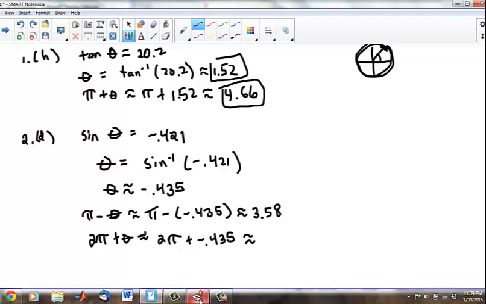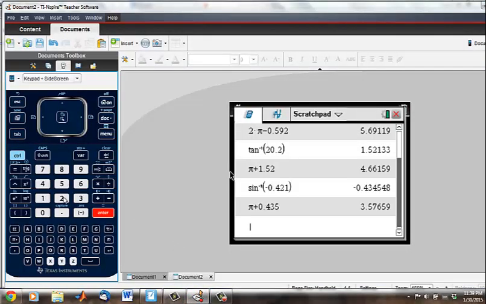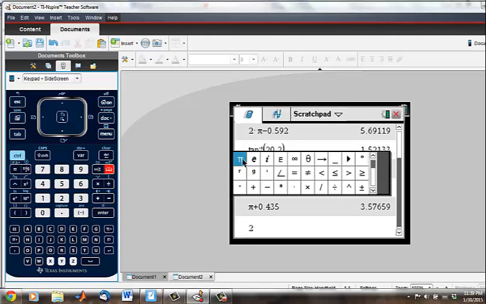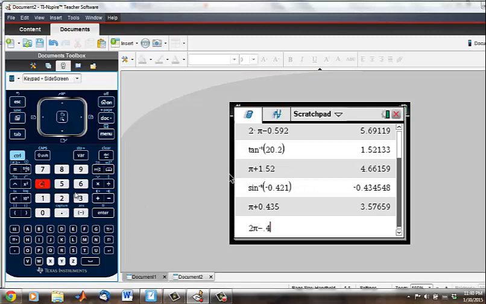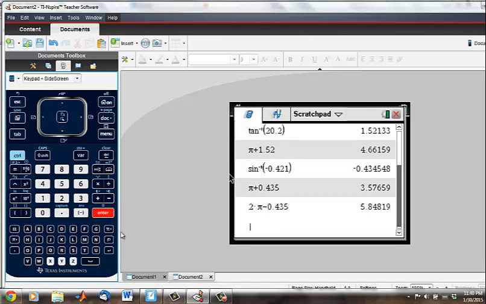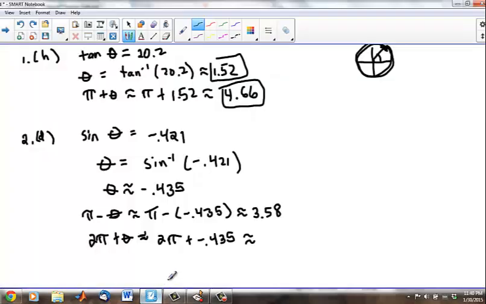So 2 pi minus 0.435, and we get 5.85. And that is also less than 2 pi, which is about 6.28. So here are two values between 0 and 6.28.